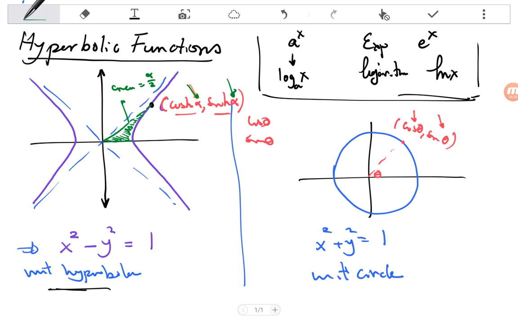So what is alpha? Alpha is just double that green area. What is alpha? It is double that green area.